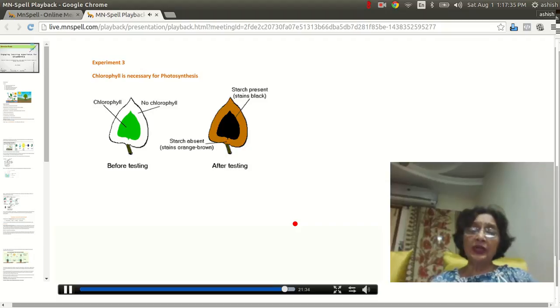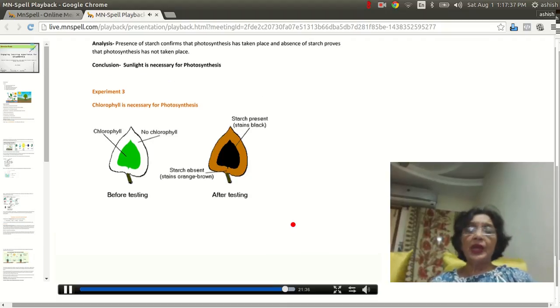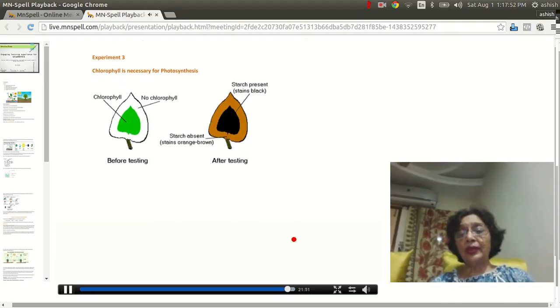So again, I have to de-starch, then pluck a leaf and do the iodine test, and what we will get is that the area which has chlorophyll turns blue-black, showing the presence of starch, and the area not having chlorophyll doesn't show the blue-black color.